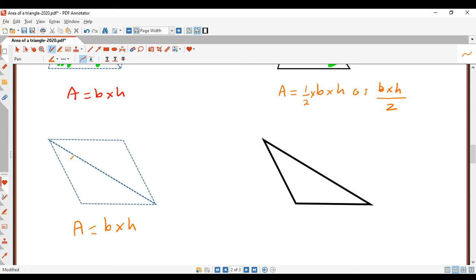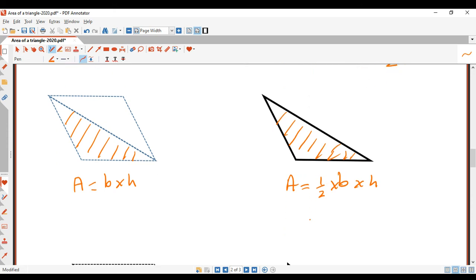And since this area is half the area of the parallelogram, and this is the same area here, we can write down that the area of the triangle is a half the base times the height.